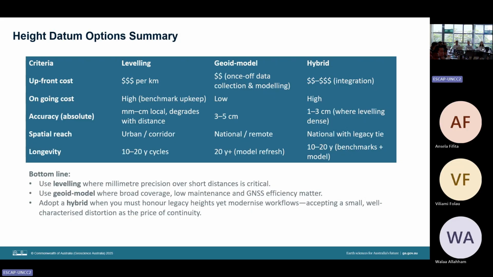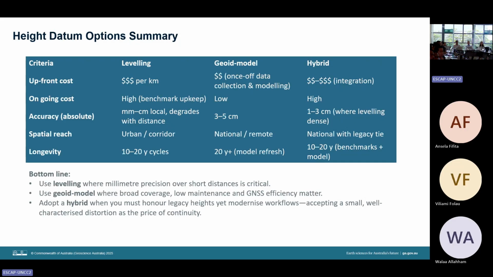The second option is the pure geoid model or GNSS based datum. Here the reference is a gravimetric geoid or quasi-geoid model derived from gravity data and terrain data. With no reliance on tide gauges, a single GNSS observation plus a geoid interpolation gives us an absolute height anywhere in the country in seconds.